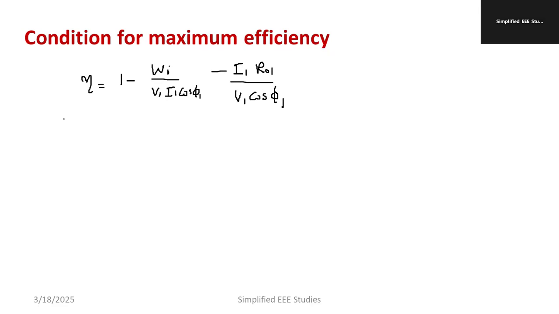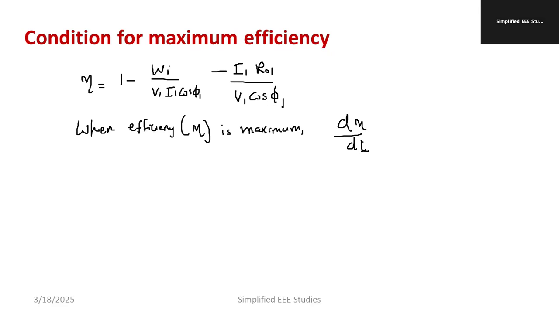For the maximum, let us apply the condition when efficiency eta is maximum. We write d eta by d I1 equal to 0.